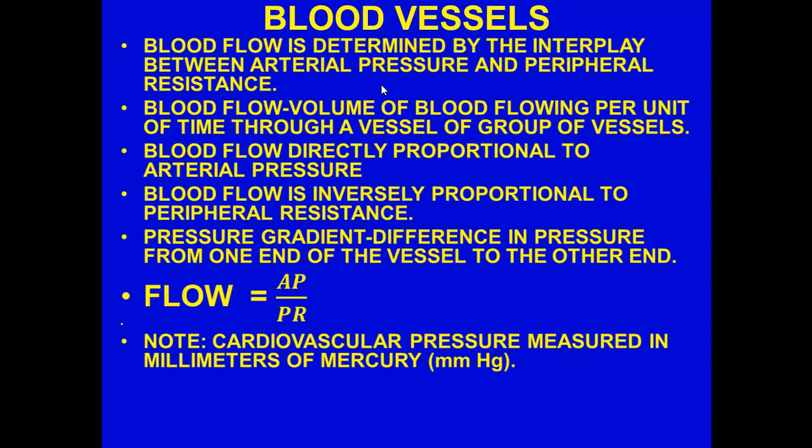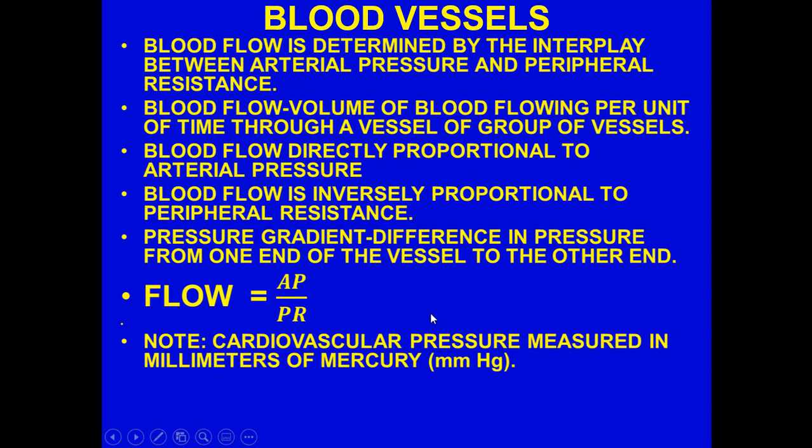Blood flow is directly proportional to arterial pressure. Okay? So blood flow equals whatever the arterial pressure is. Blood flow is inversely proportional to peripheral resistance, PR. So it would be the opposite. The greater the PR, the lesser the flow. The greater the flow, there must be a decrease in the PR.